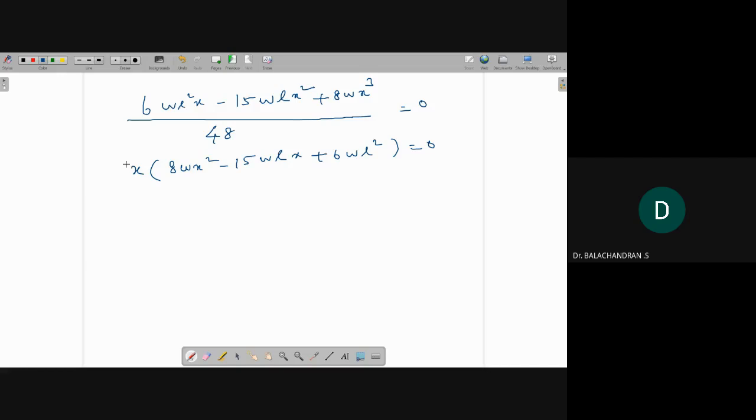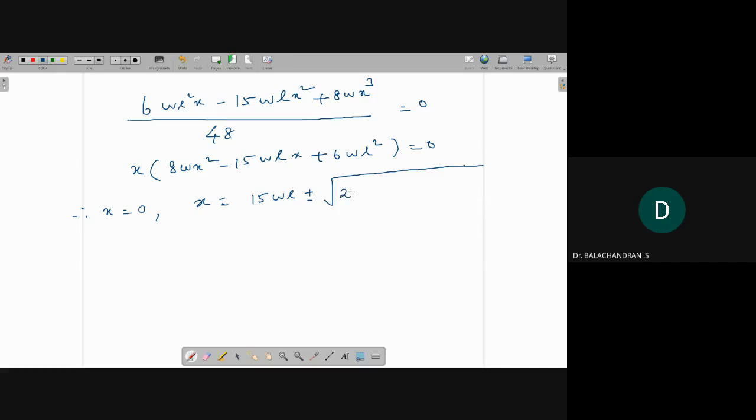So therefore either x is equal to 0 or this expression equal to 0. Okay, so if this expression equal to 0 means it's a quadratic equation, minus b plus or minus root of b square.